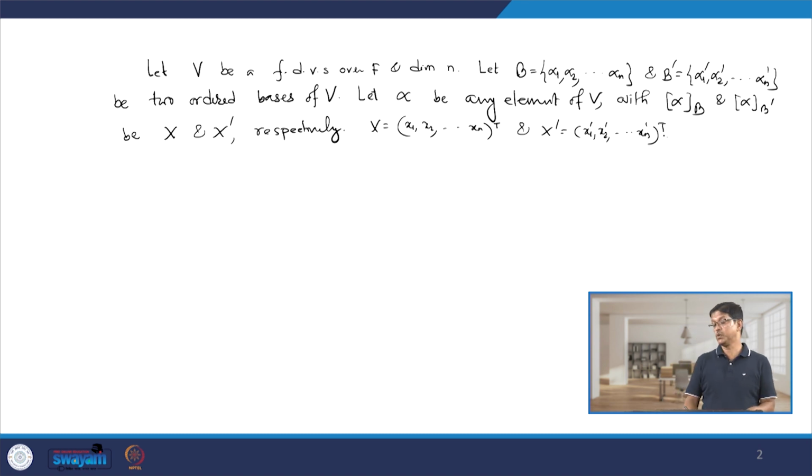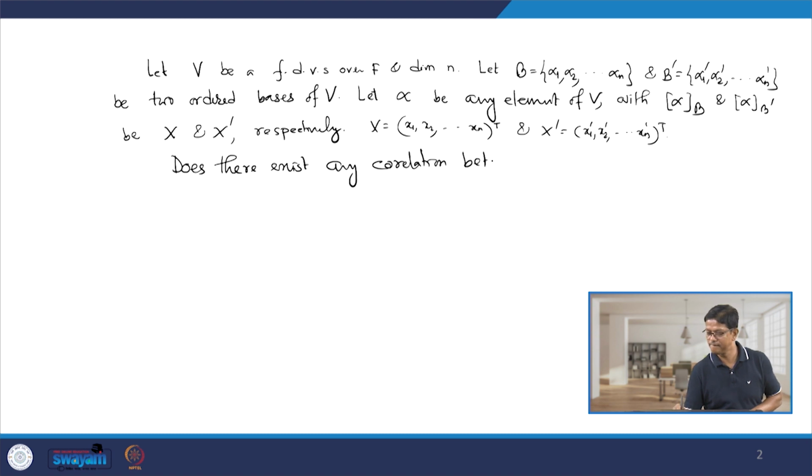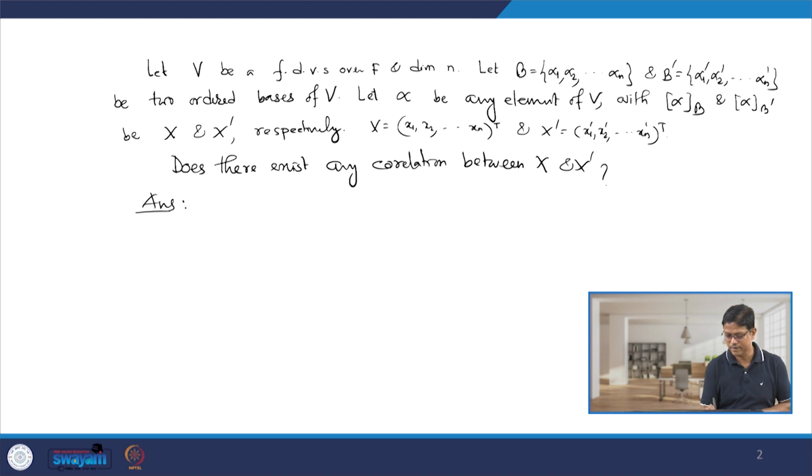Now, we are curious to know, is there any correlation between capital X and capital X prime? So, the question is, does there exist any relation between capital X and X prime? The answer is yes.